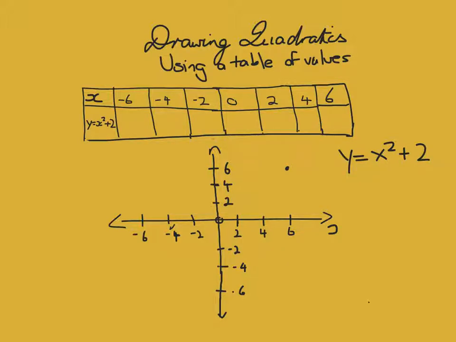So when we've got y equals x squared plus 2, and we've got an x value, that means we can find a y value. My x value up the top here is -6. So I'm going to put -6 into this equation. Let's do that.